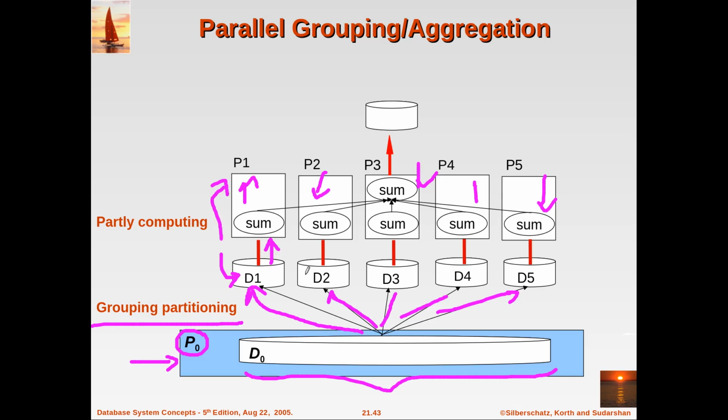Similarly, for D2 the summation is calculated within P2, and for all the tuples in D3 the summation is applied in P3 locally. Similarly for D4 and D5. So each individual processor will have the summation of those tuples present in its own local disk.